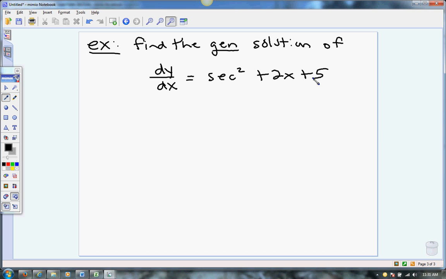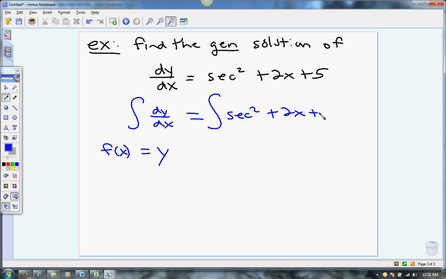Well, we're just going to, like I said before, integrate both sides. I'm going to integrate the left side, which is always just going to give me y. Or, you know, I could also put in f of x if I wanted to. And then I'm going to integrate the right side, secant squared plus 2x plus 5, and it's technically dx.